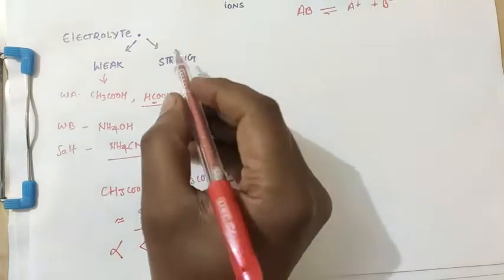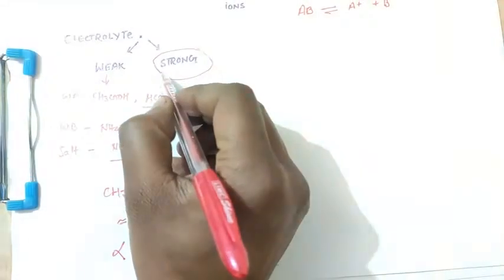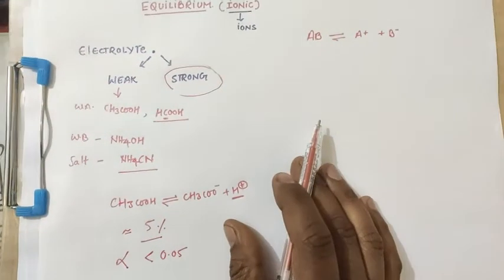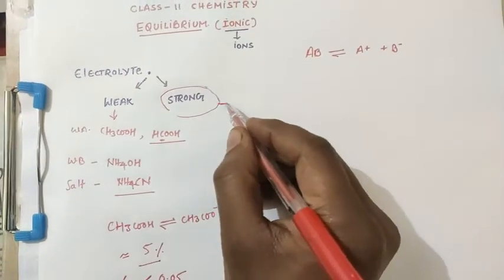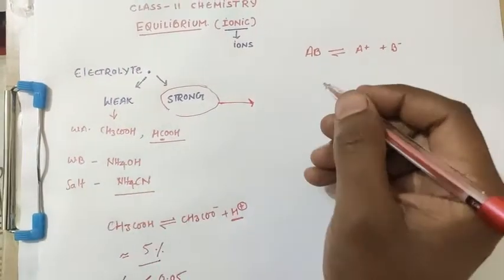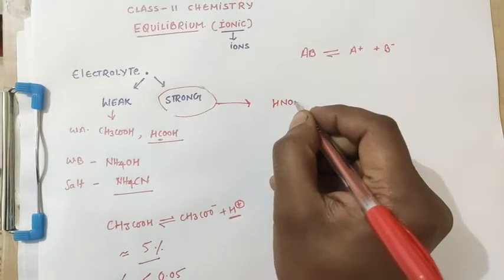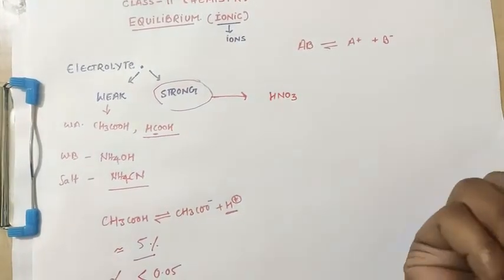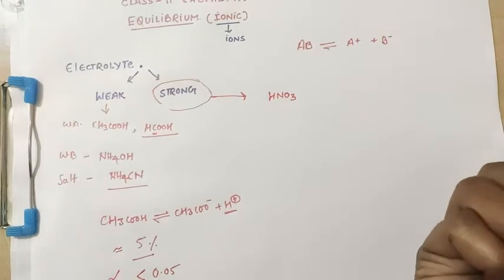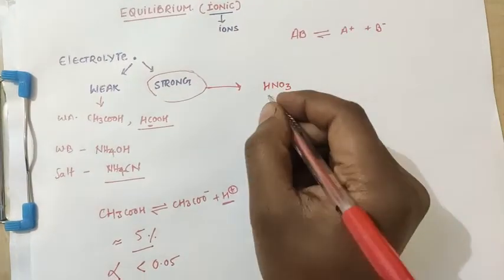And what are strong electrolytes, students? Strong electrolytes means strong acids. You can consider acids like HNO3, nitric acid, sulfuric acid, and hydrochloric acid.